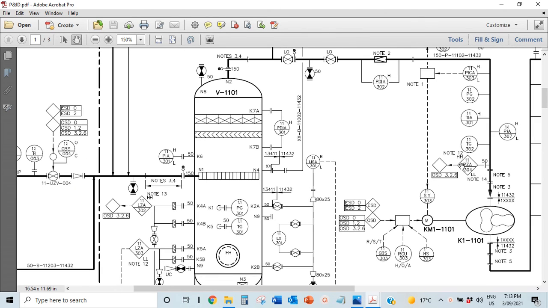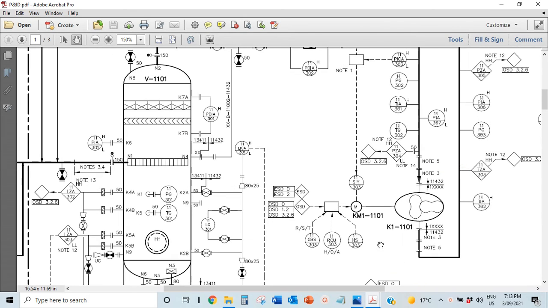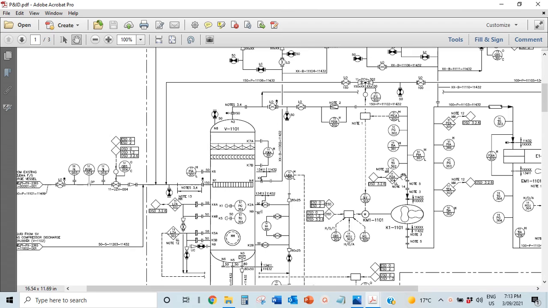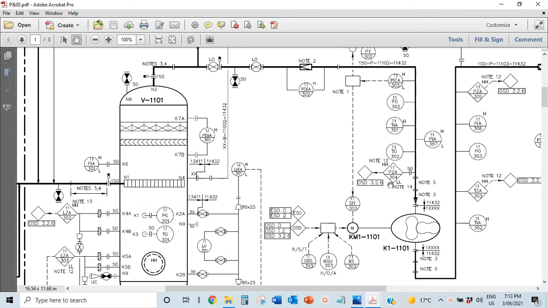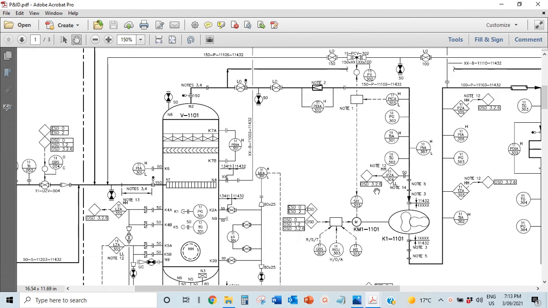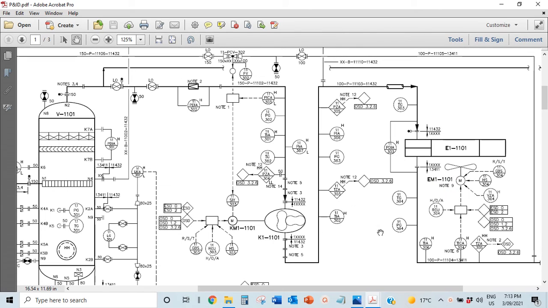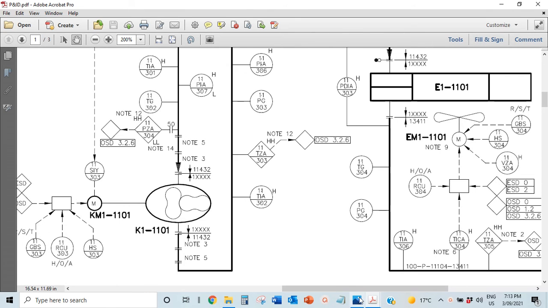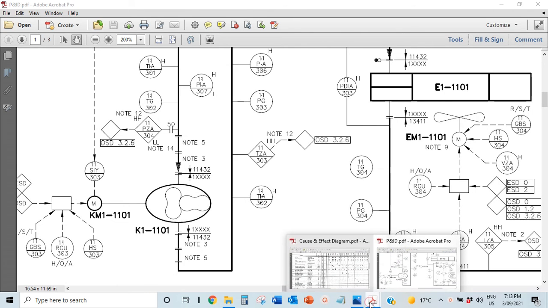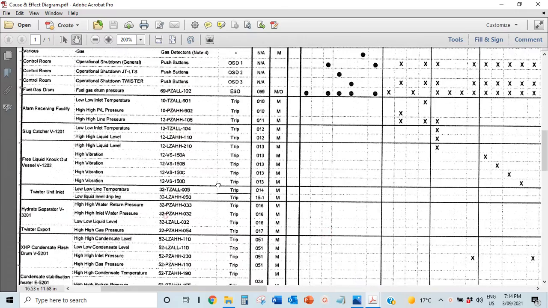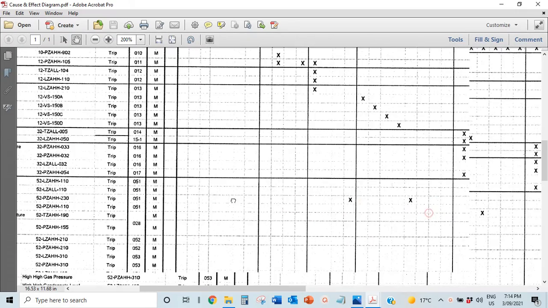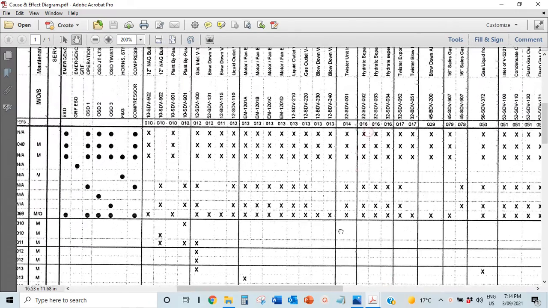So when you look at this, it doesn't point you anywhere, because what this might be closing might be 3 pages downwards in the P&ID. So you would not know it from looking at this exactly. But when you look at your cause and effects chart, you can see your temperature trips here, and it tells you where every trip is and what shutdown valve it controls.